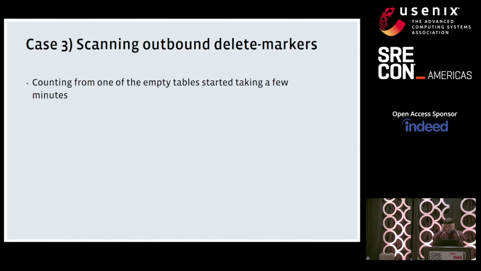The third case was another weird issue: counting from one of the empty tables started taking a few minutes. This scared us a lot. One of our production instances started having these issues.